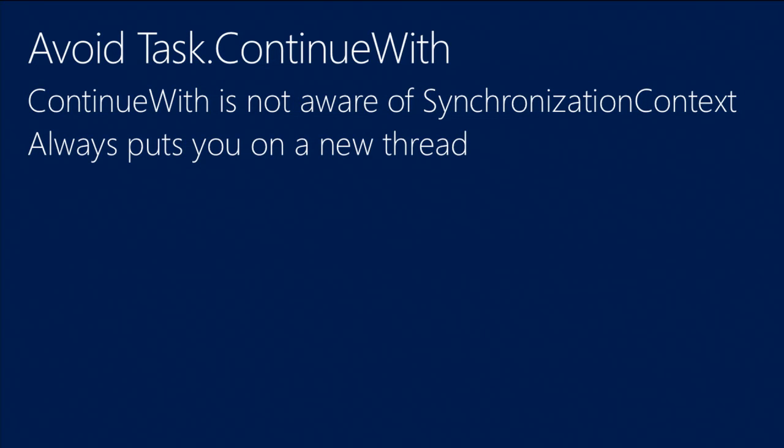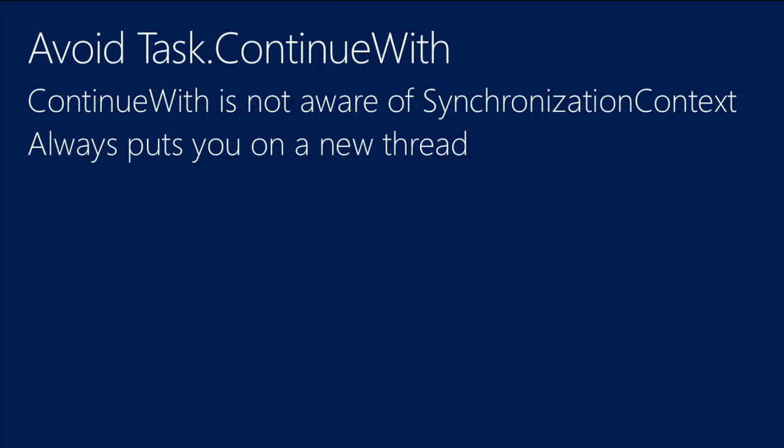So I mentioned back when we were looking at .NET 4.0 and the task parallel library that task.ContinueWith was a way to, in an event style-ish manner, register some code to be run when my task completes. This is kind of redundant now that we have await.